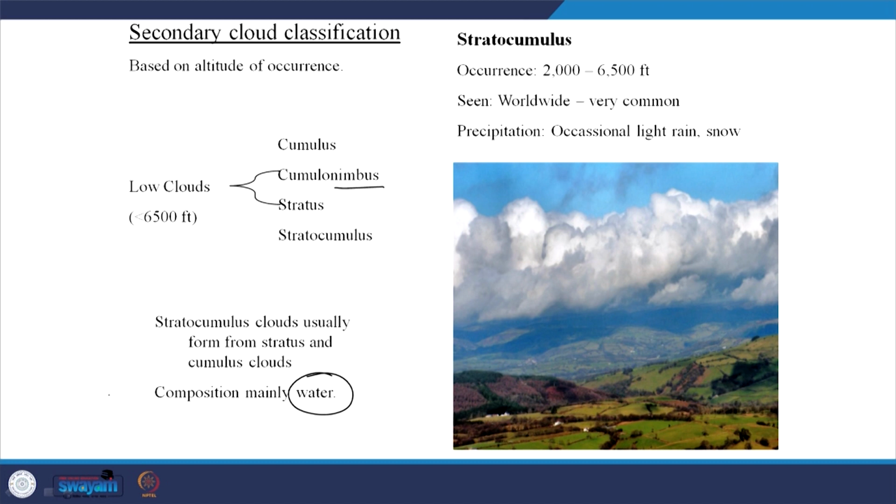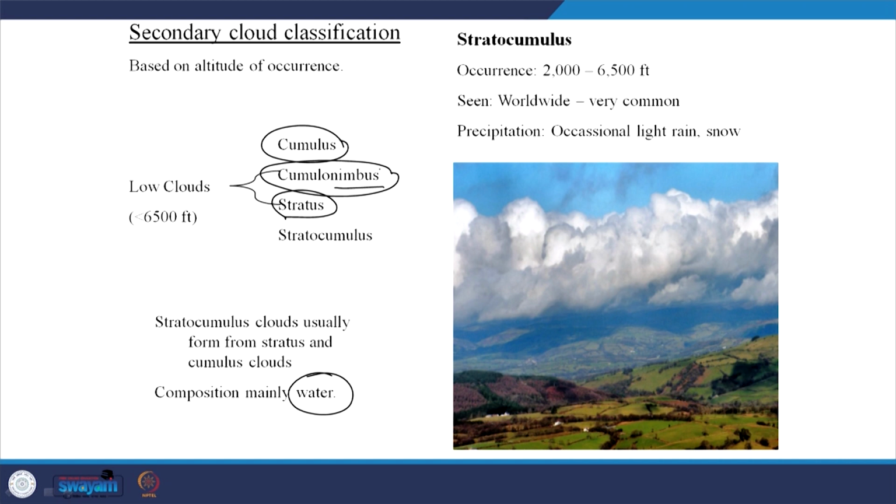One more important thing that I forgot to mention: we have seen stratus clouds by the basic shape of the cloud, and cumulus clouds too, and cumulonimbus cloud doesn't generally confine to one particular height. It spans the entire altitude range of the clouds, from the lowest of the low to the highest of the high, right.